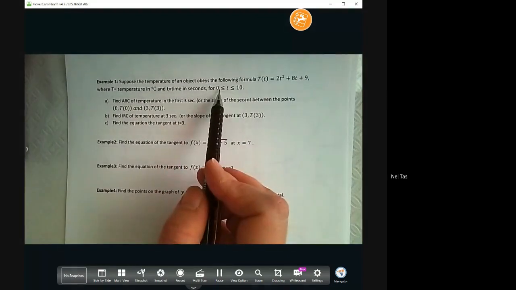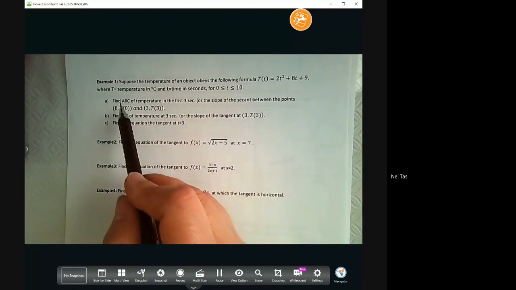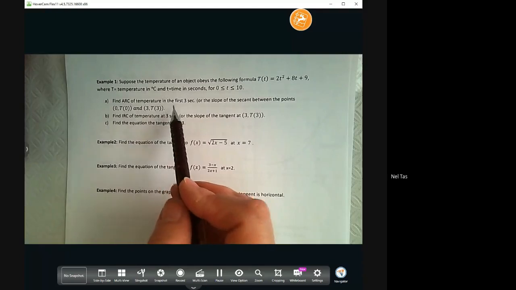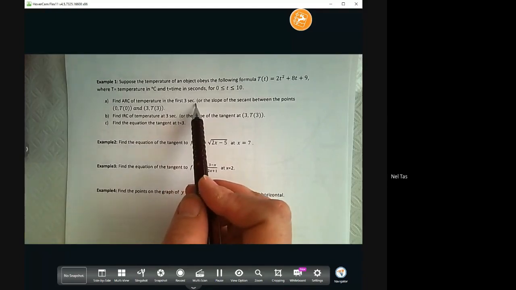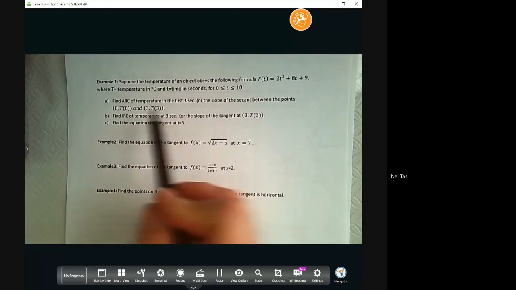The domain is given: time is between 0 and 10 seconds. It says find the average rate of change of temperature in the first 3 seconds. This is the same as, remember, the slope of the secant between those two points.